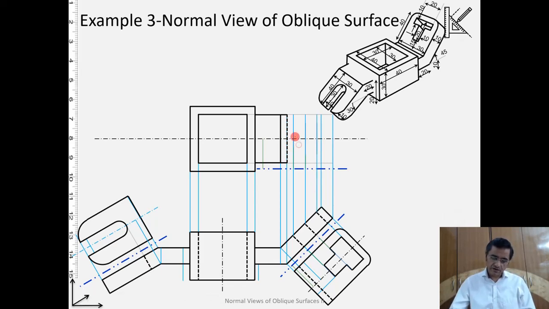Over here you may not be able to see because of the very light difference in blue and green color, but these points have now been identified. Once these points have been identified, I can start joining them, and because I'm doing the top face, and this shape on the top face is visible, it comes as a solid line.